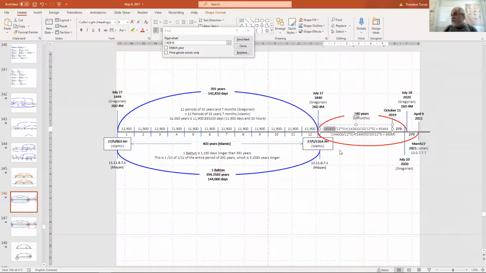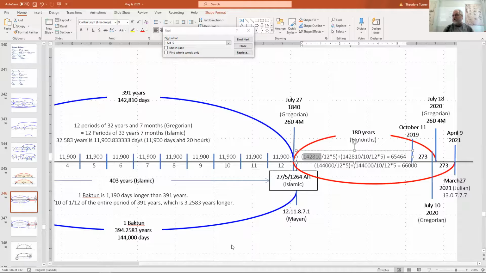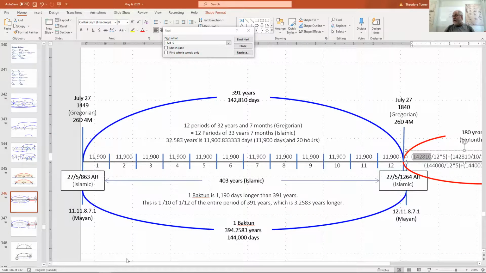And the thing was, we had 144,000 days and 142,810 days. So we have these two different periods of time. And to me, this is kind of analogous to what we see happening here. We have a period of longer days and a period of shorter days. But there's a relationship between this.